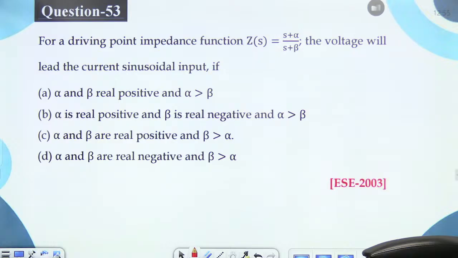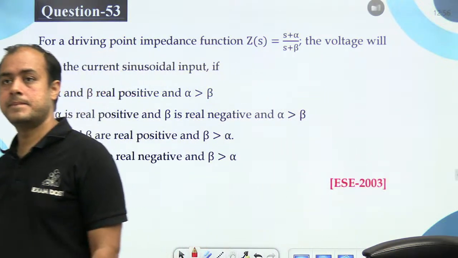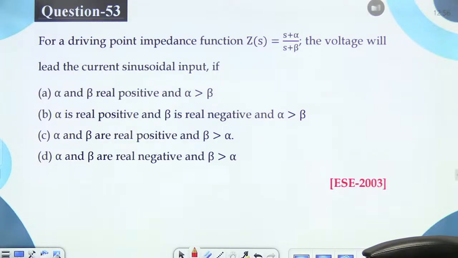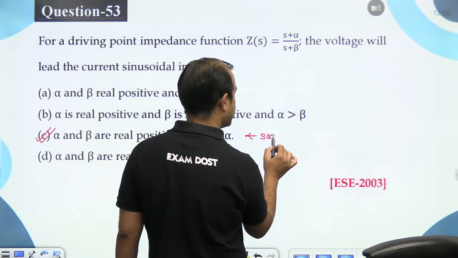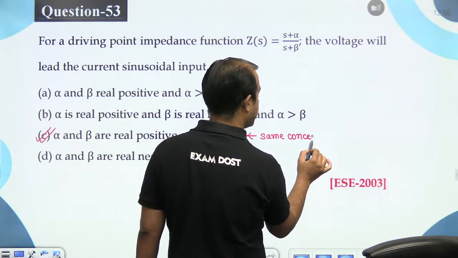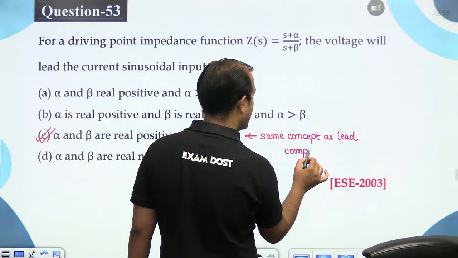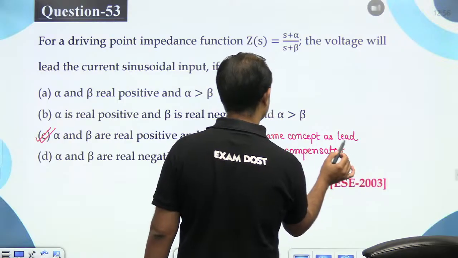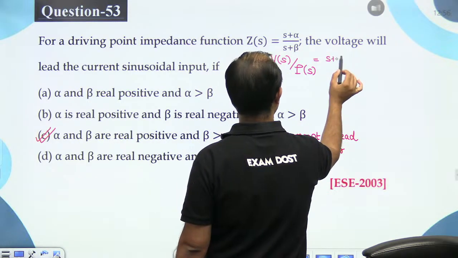Next. Driving point impedance. The voltage will lead the current for a sinusoidal input if... तो आंसर इज सी. सेम कॉन्सेप्ट एज लीड कंपेंसेटर. देखो आप कंट्रोल सिस्टम में लीड कंपेंसेटर पढ़ते हो ना, तो बेसिकली थिंक ऑफ इट, इंपिडेंस क्या होता है, V बाय I होता है ना. थिंक ऑफ इट लाइक VS is the output, IS is the input.